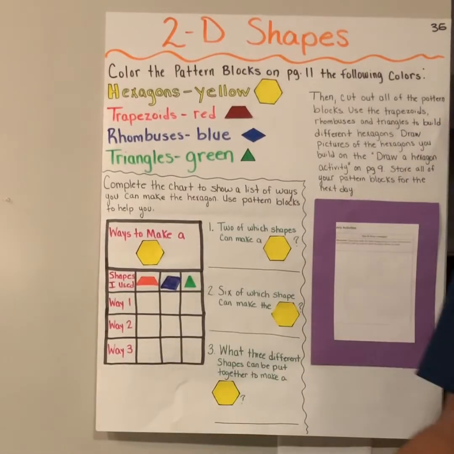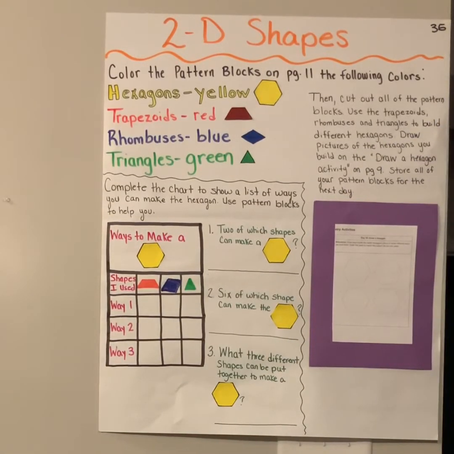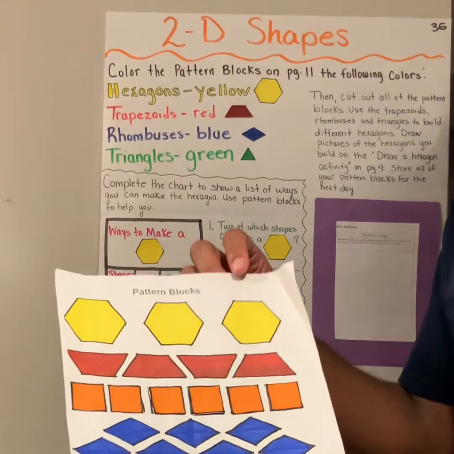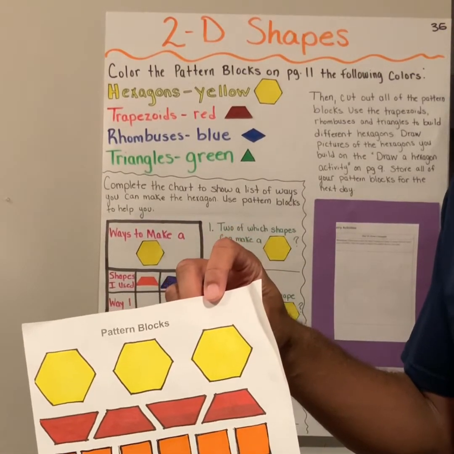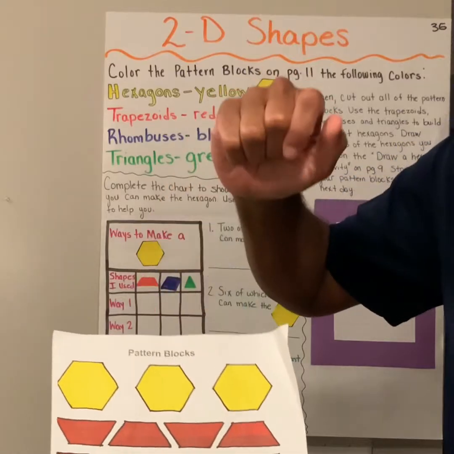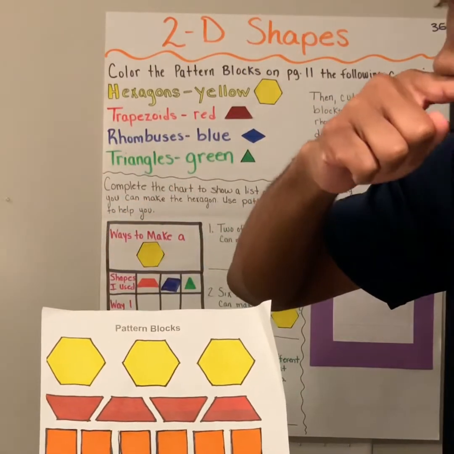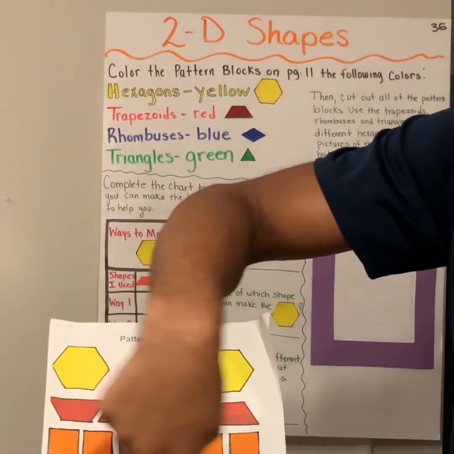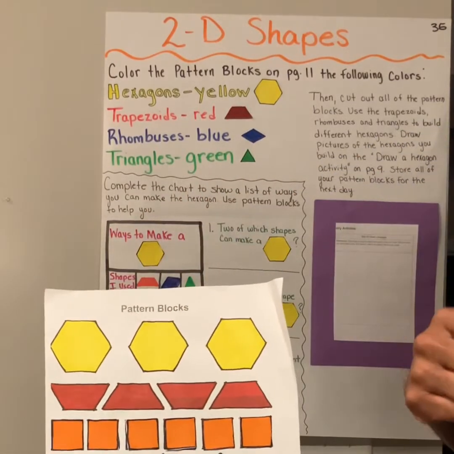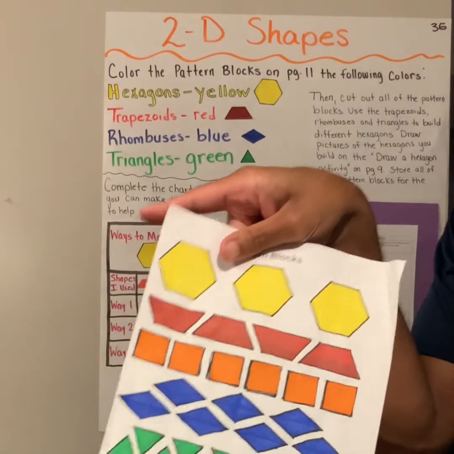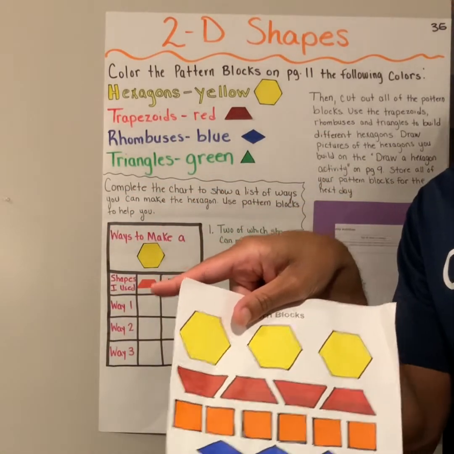Now, what you're going to do is color the shapes these colors. Notice the hexagons are yellow, trapezoids are red, the squares are orange, the rhombus are blue, the triangles are green, okay? So I have already done another sheet like this and I cut the shapes out already, okay?